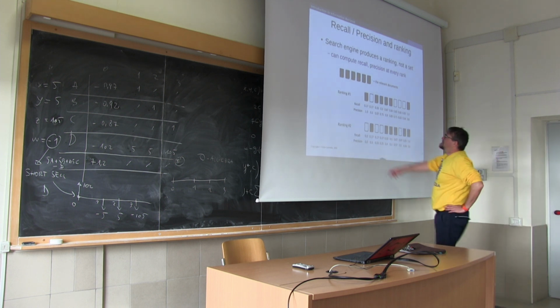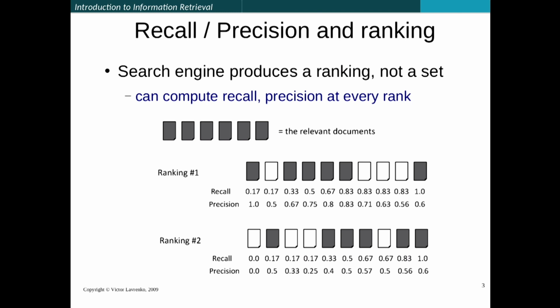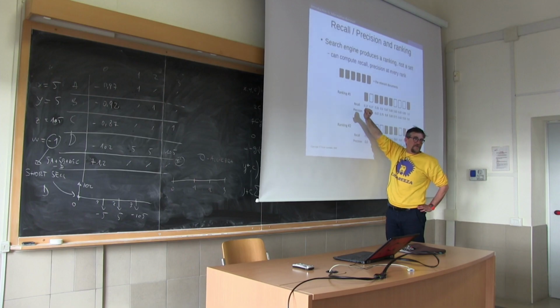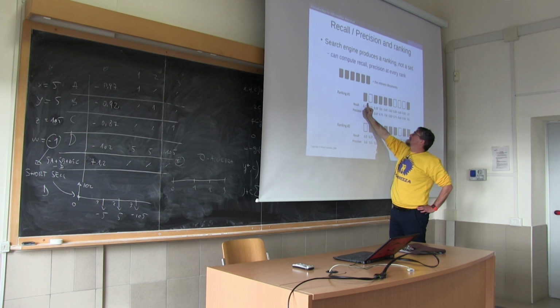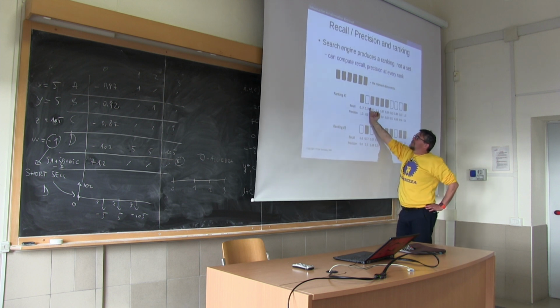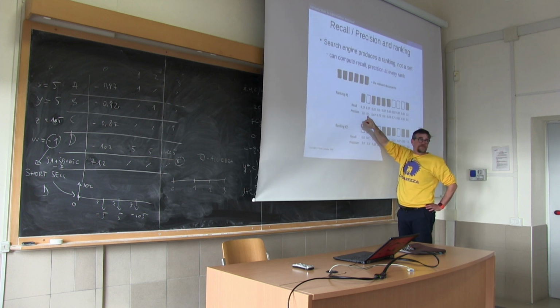What is the precision here? The precision is 1 over 1. I provide you one document, that document is relevant, precision is 1. This document is 1 among the 6 relevant, and so that is the recall. Now, for the first two, the precision drops to 0.5.